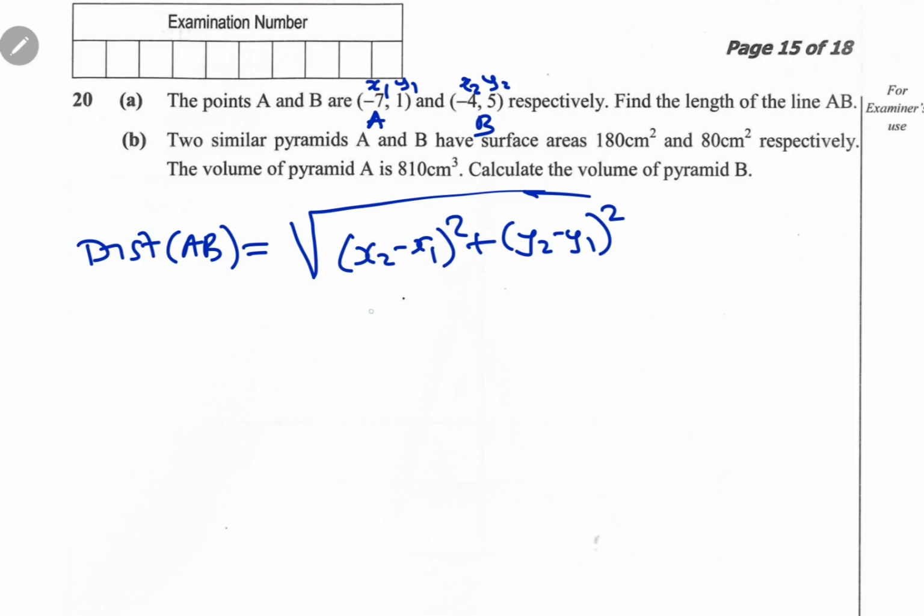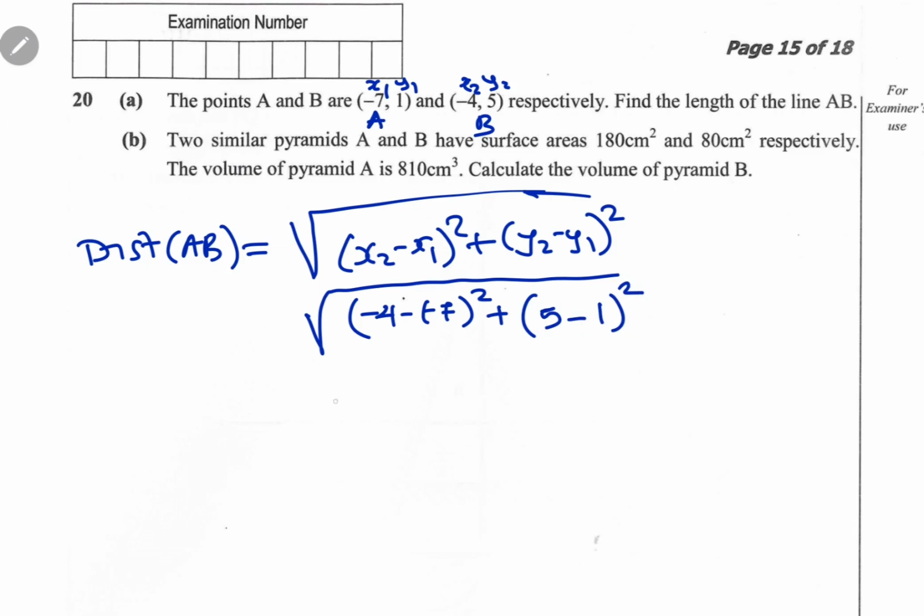So what is our x2? Negative 4 minus our x1, negative 7, all this squared. Under the root, then plus our y2, which is 5 minus 1, squared. So let us work out what is inside there.